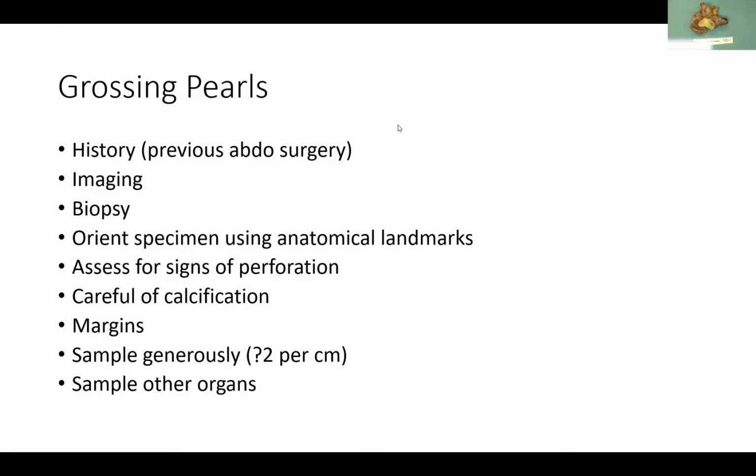Another way of asking that question is, where do we typically see an appendix being taken out? In what other context? That's not GI related. Yeah, so some kind of an adnexal mass. If there was a history of an ovarian mucinous neoplasm or lesion, part of an ovarian staging, as some people have pointed out here, yes.